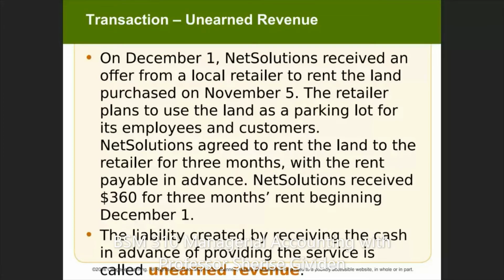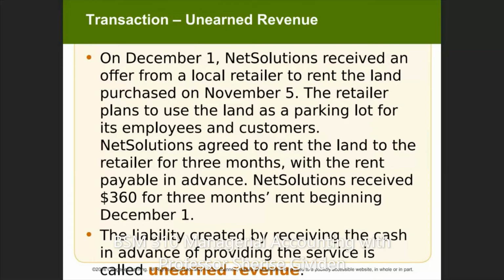On December 1st, Net Solutions received an offer from a local retailer to rent the land purchased on November 5th. The retailer plans to use the land as a parking lot for its employees and customers. Net Solutions agreed to rent the land to the retailer for 3 months with the rent payable in advance.